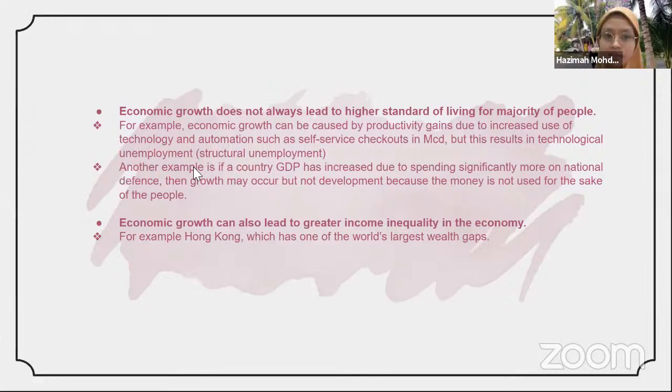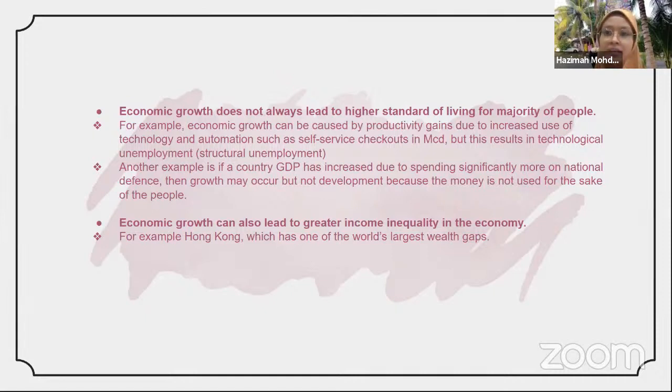And another example of it is if a country's GDP has increased due to spending significantly more on national defense, then growth may occur, but not development, because the money is not used for the sake of the people, meaning the country's GDP, the wealth of the country, is spent more on the national defense, where only a minority of people can benefit from it, but not the rest of the people.